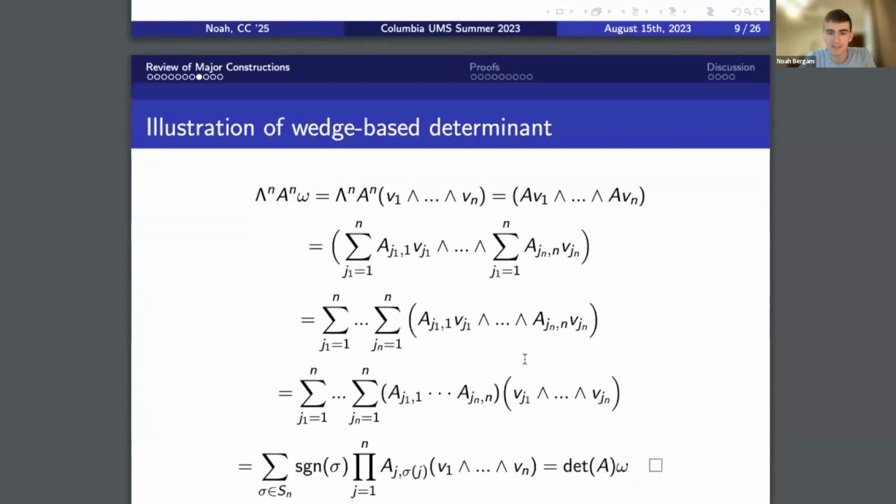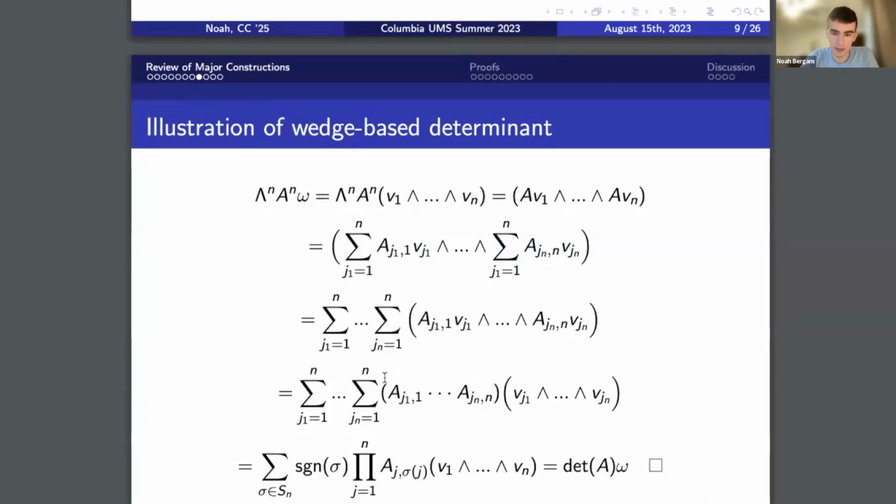So this is probably the nicest way of writing out how this happens, because there are a lot of things that happen. Wedge^n A^n of omega, where omega is just some wedge of v1 through vn. I apply A to each vector, and then I write each of these products as sums. The matrix product of A v1 becomes this and this, and then I pull out the sums due to multilinearity, and I'm also able to pull out all of the A's as well.